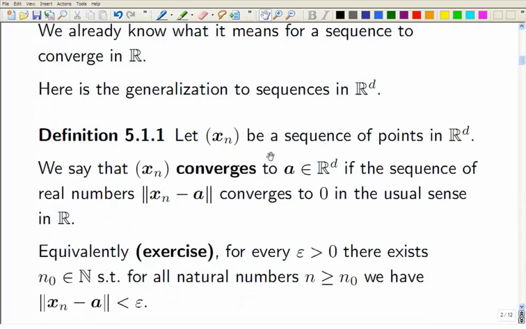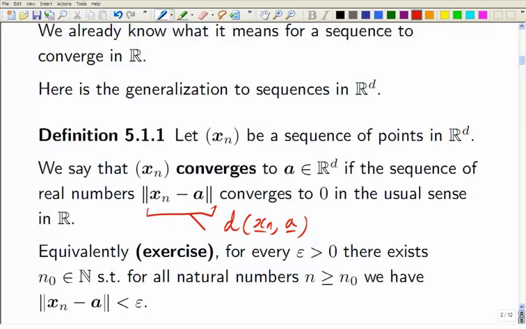So, you've got a sequence in R to the D. What does it mean to say it converges to point A in R to the D? Well, you look at the distance from xn to A, and you can write that as the norm of xn minus A. That's Euclidean distance. And whereas xn and A are in R to the D, the norm of xn minus A, or the distance from xn to A, is a real number. It's a non-negative real number.